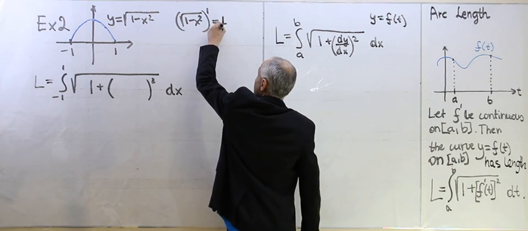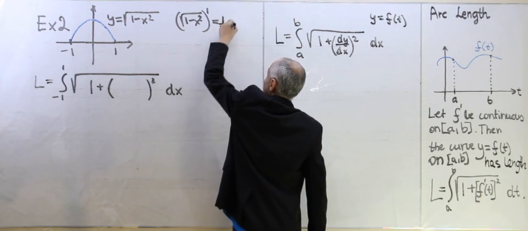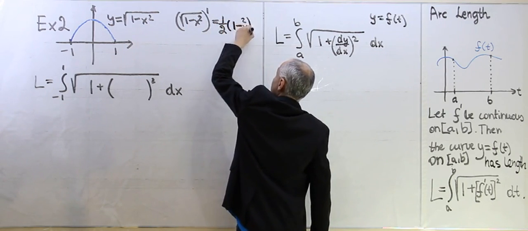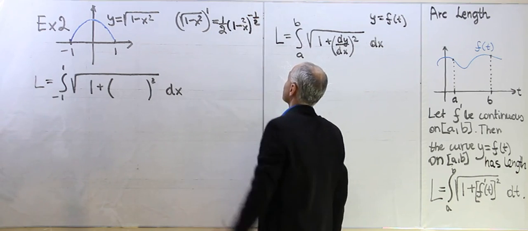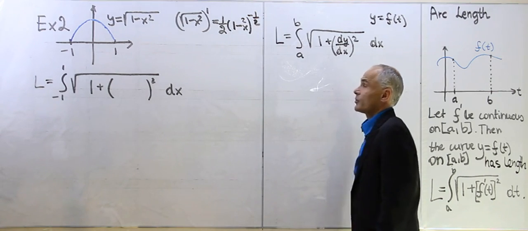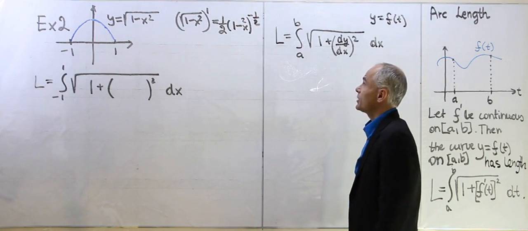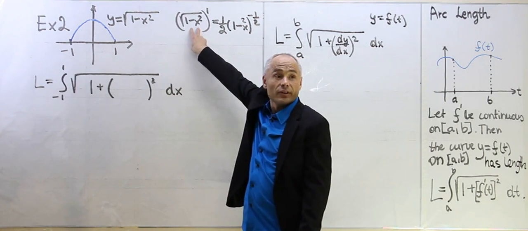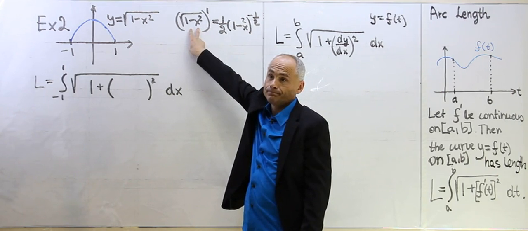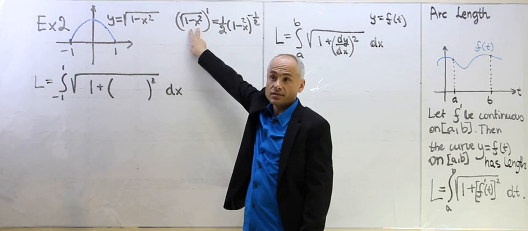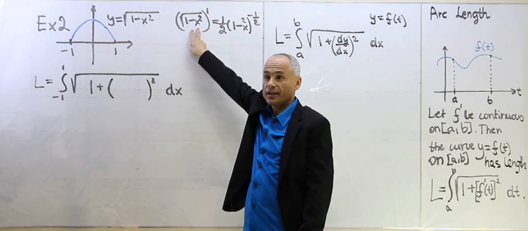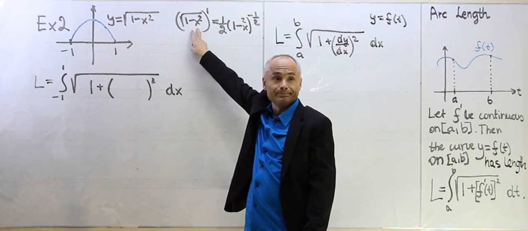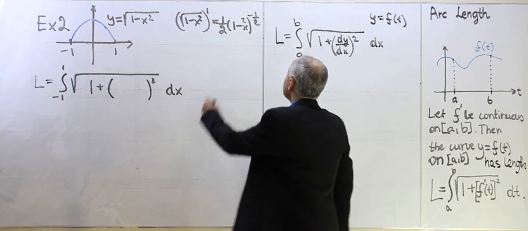It's 1/2 the argument to the power negative half. But that's not it, right? We need to multiply this result by the derivative of the inner function, the derivative of 1 minus x squared. 1 is a constant, so just differentiate negative x squared, and then what do we get? Negative 2x.